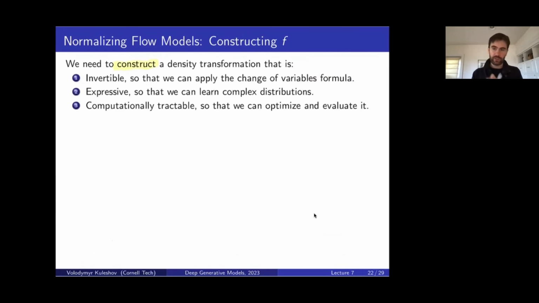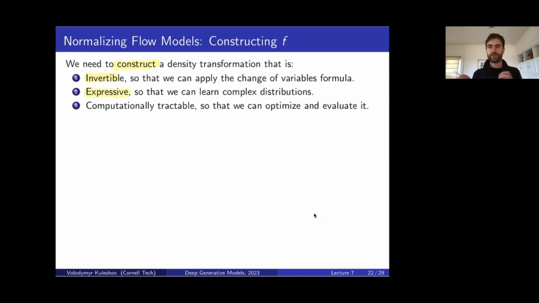So we need to construct this transformation. We need to construct the function f such that it is invertible. Otherwise, this is not a flow. We can't apply the change of variables formula. It also has to be sufficiently expressive to model the data that we're interested in modeling. If we have a distribution over images, then it has to be sufficiently expressive to map a Gaussian to the space of images, which is much more complex than just a Gaussian.